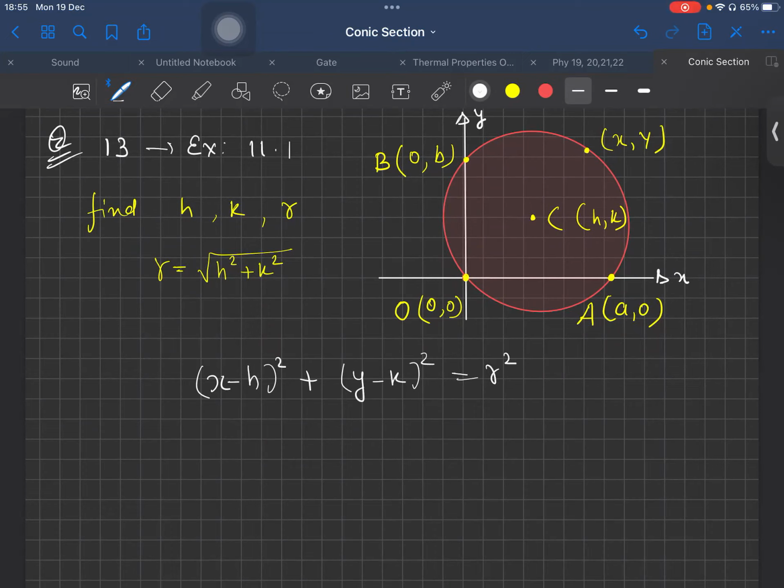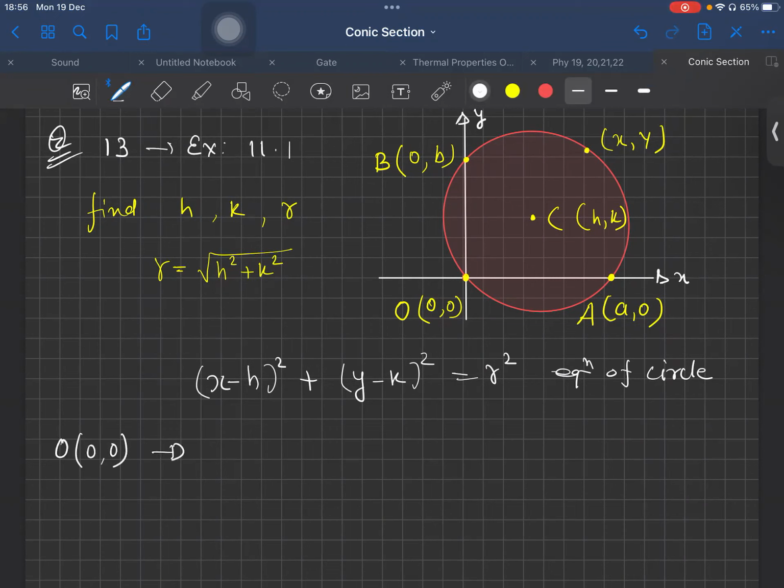This is the equation of any circle which is passing through the point (x, y), and its center is (h, k). Now it is passing through the origin O, and O is (0, 0).